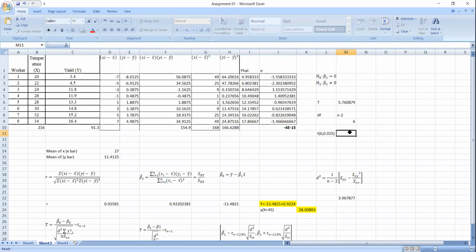So the corresponding value from the table was 2.447.